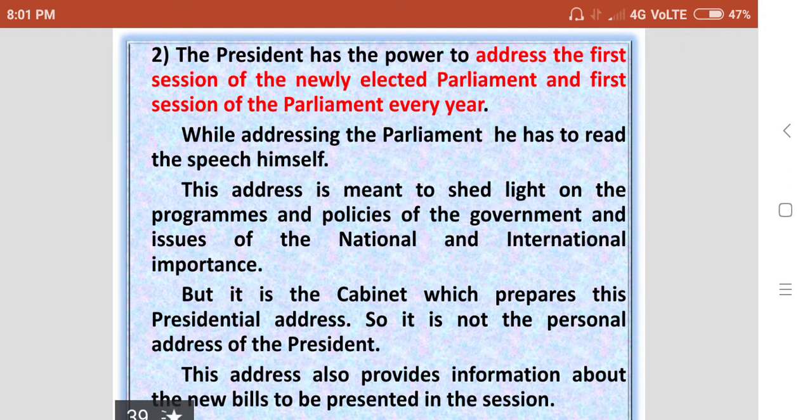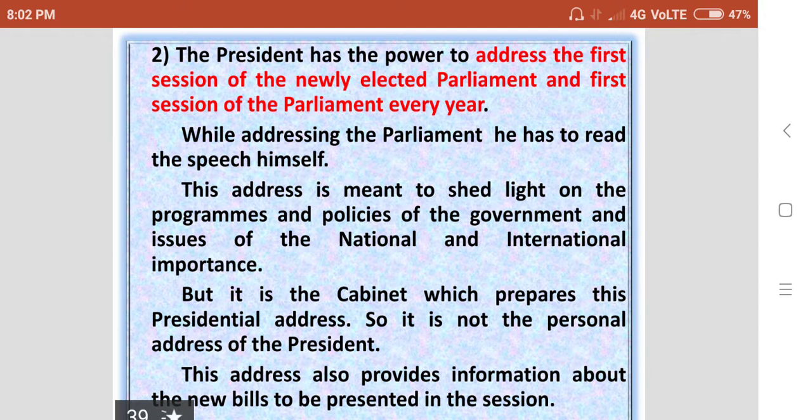This address is meant to shed light on the programs and policies of the government and issues of national and international importance. So, it should cover these national and international issues and the policies of the government.